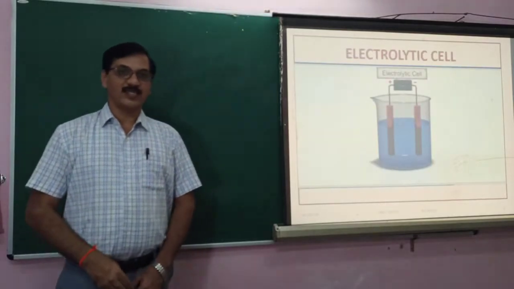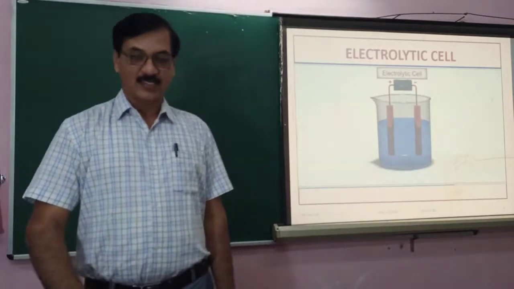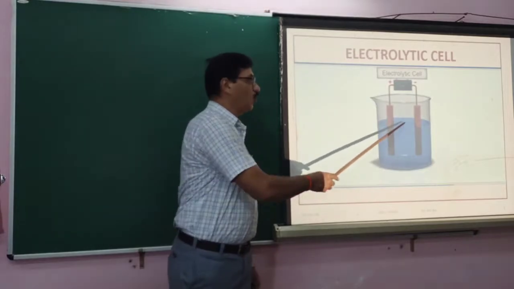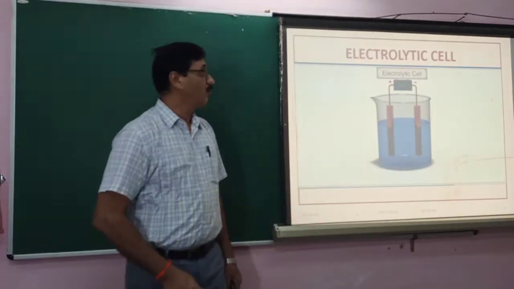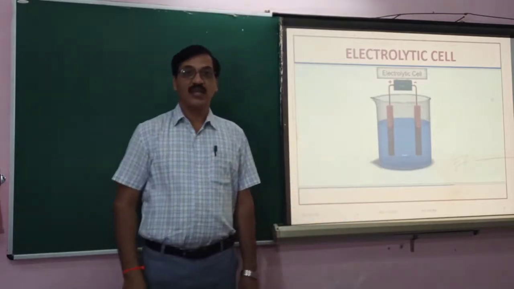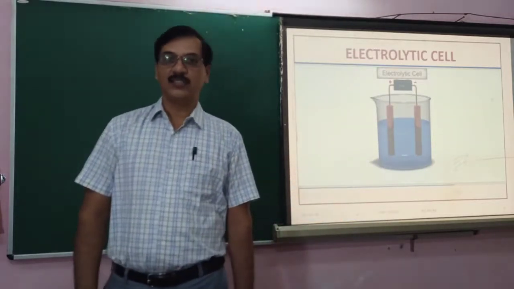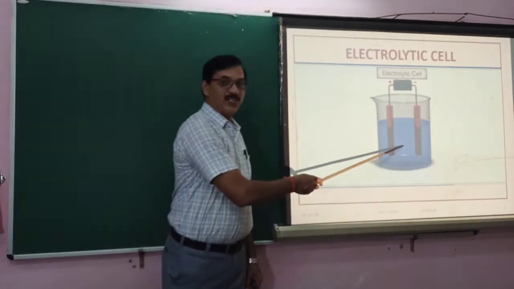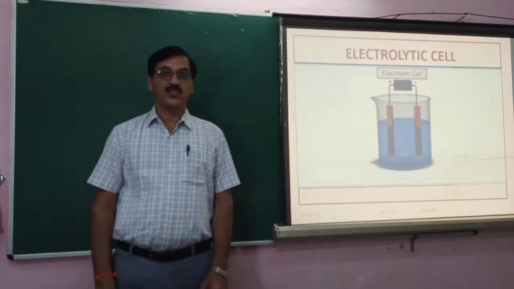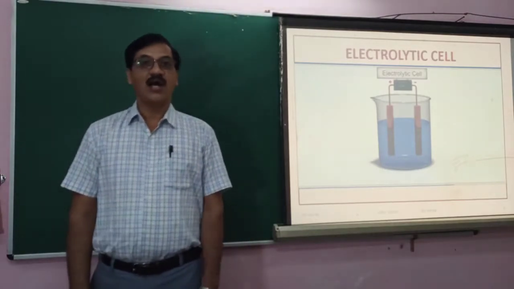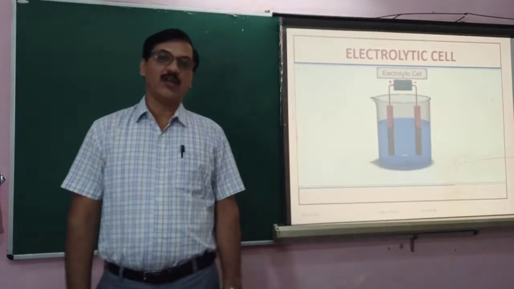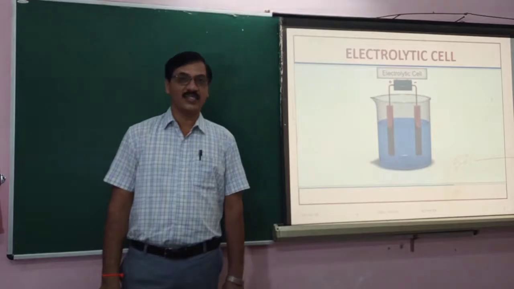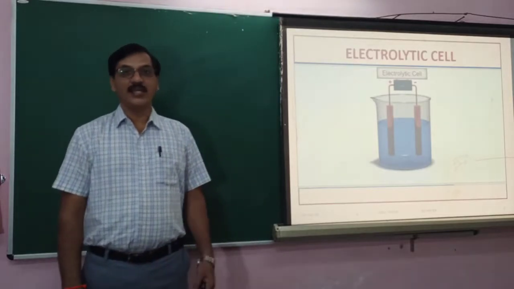What are these electrolytic cells? Electrolytic cells essentially consist of one electrolyte and two metal electrodes, which are connected to a source. Here, the electrolyte, which contains ions, undergoes a redox reaction. The species which are easily oxidized get oxidized, and those easily reduced get reduced.